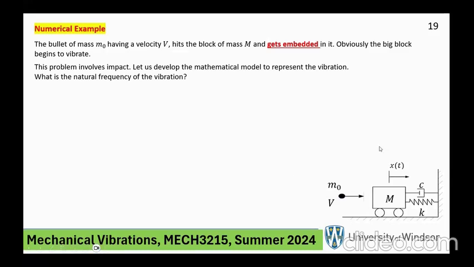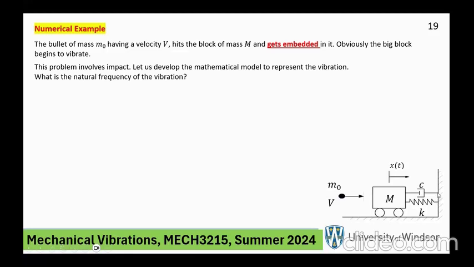Now, first of all, you have to realize that in this problem, there is no external force. When the mass comes in with this velocity and gets embedded in this thing, yes, there is interaction between m naught, the bullet, and this mass, but it's internal, because whatever force is exerted on m naught once it gets embedded, it's also exerted on the big M itself. And you might say, what about these reaction forces?